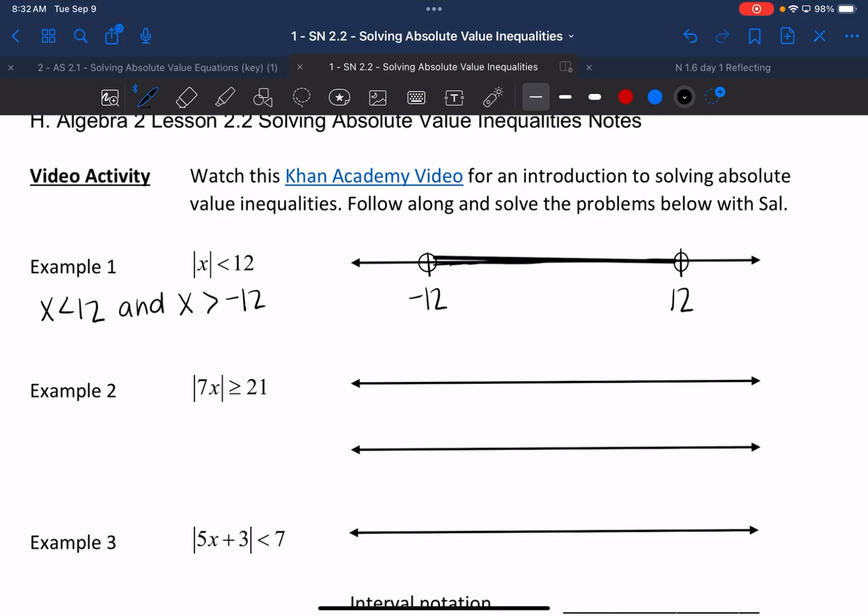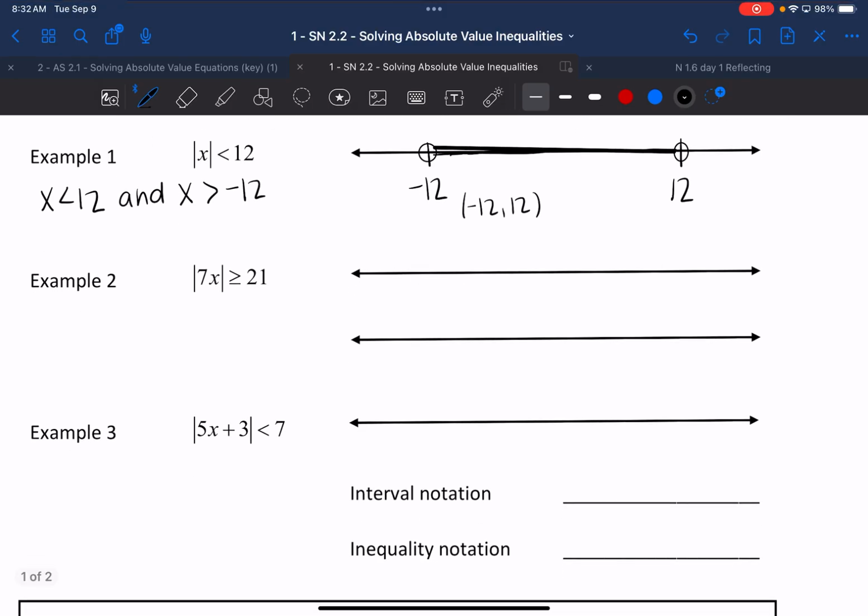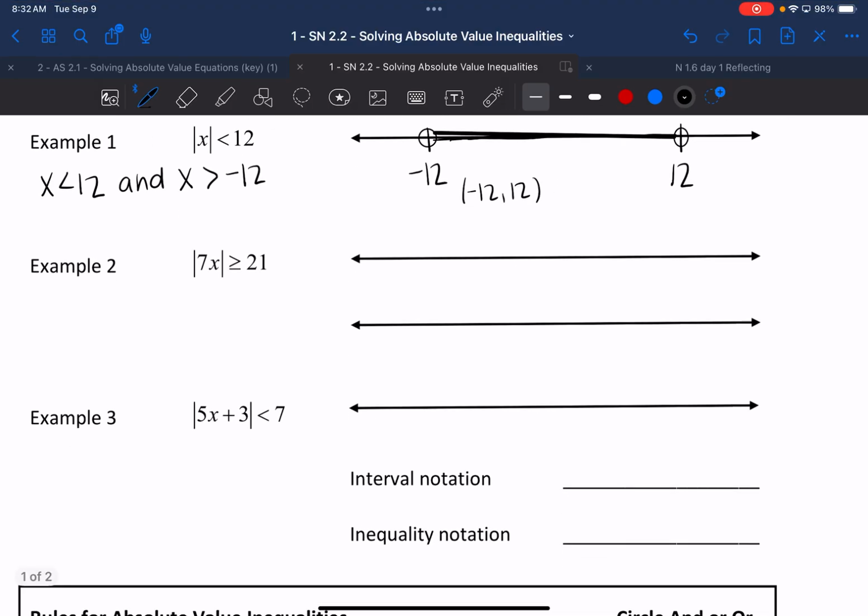And previously you would write your solutions in both set and interval notation, right? So for my interval notation, we would say it starts at negative 12 and goes to 12. So both would require me to use parentheses since we said they were open. Today, if you scroll down, you can see that they actually ask for it in interval and inequality notation instead of set notation.